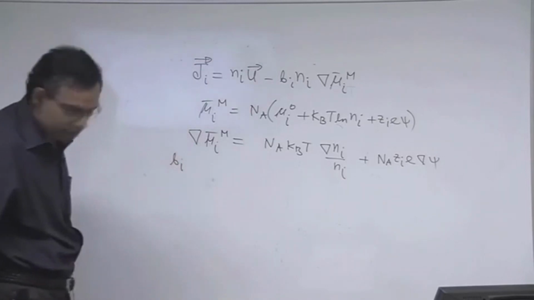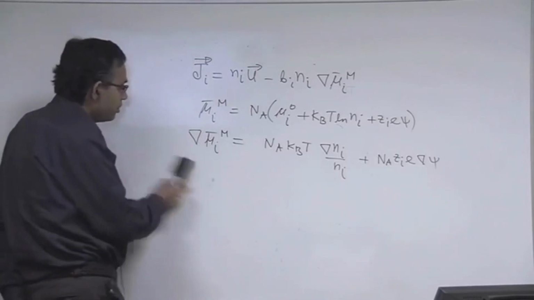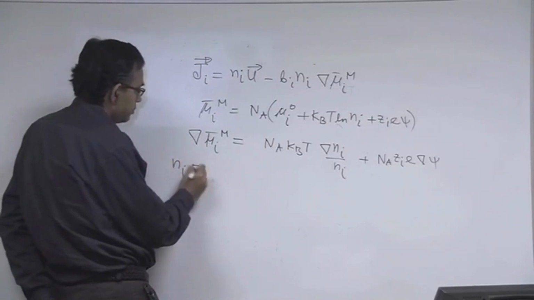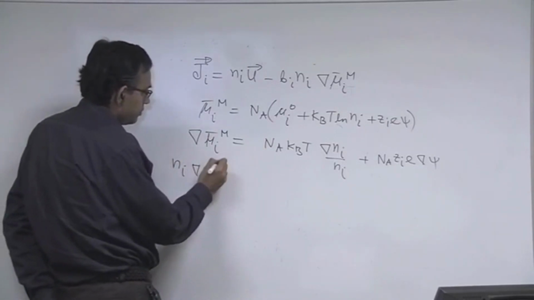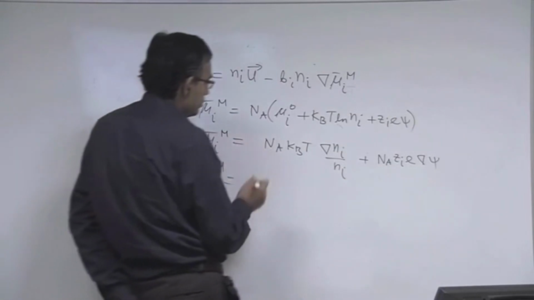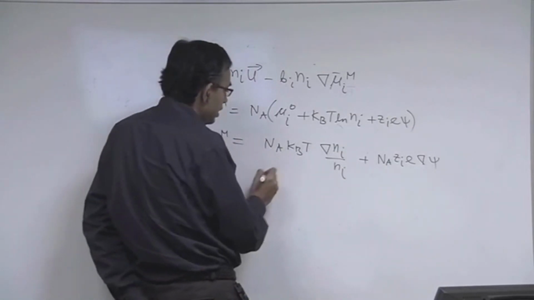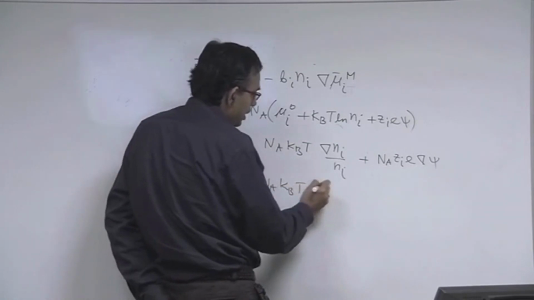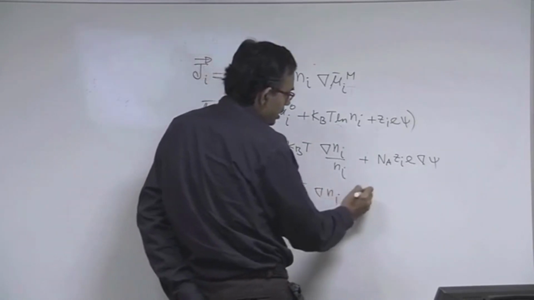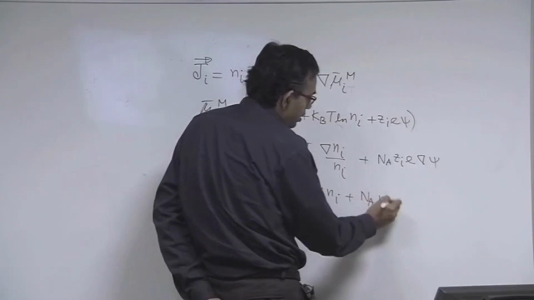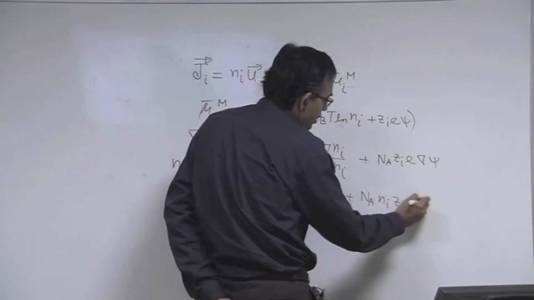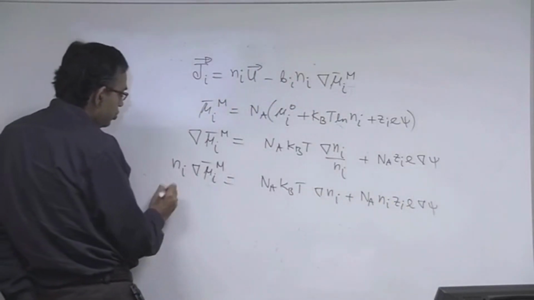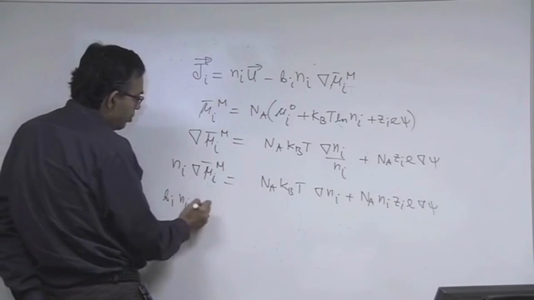Okay, then we will go step by step. N_i grad mu_i molar, so one N_i gets cancelled: N_A kB T grad N_i plus N_A N_i z_i e grad psi. What is B_i into N_i grad mu_i molar?